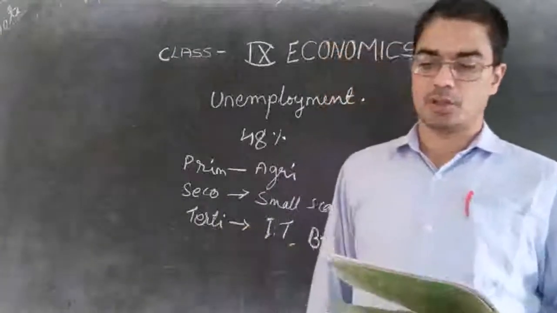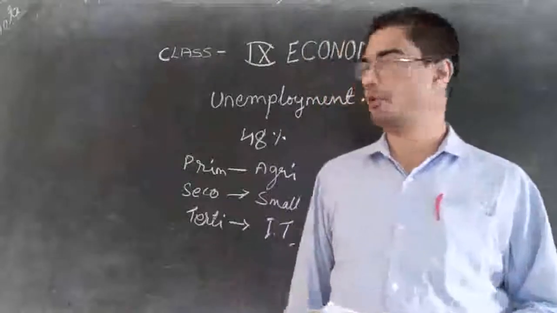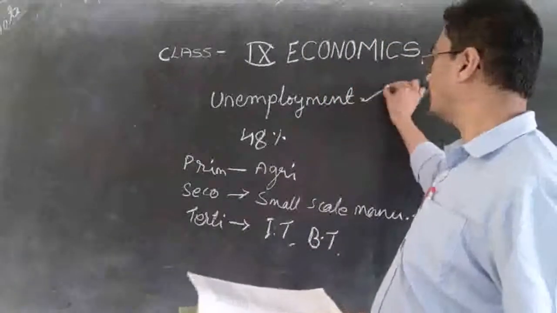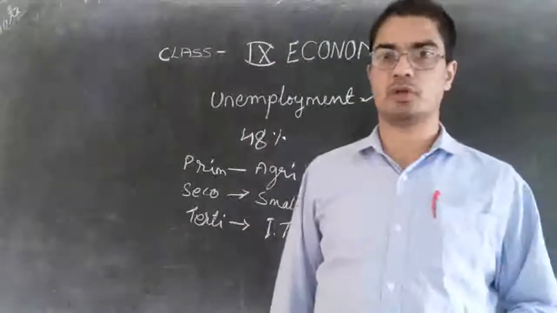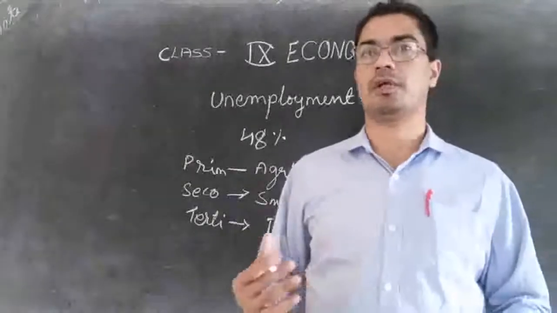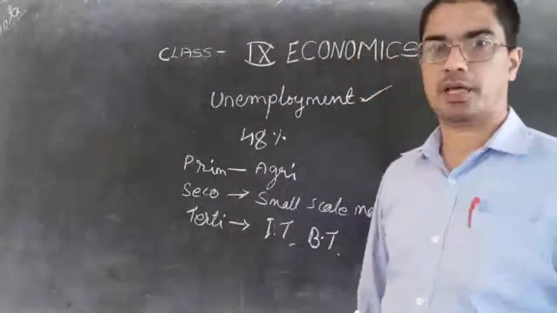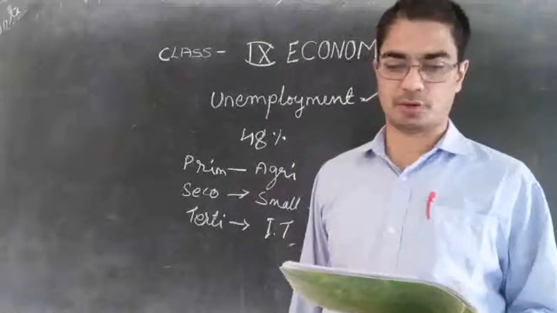Then we also saw the problems associated with unemployment. We also saw how people are suffering because of unemployment, their financial situation is very poor, their life situation is very poor, and so on.